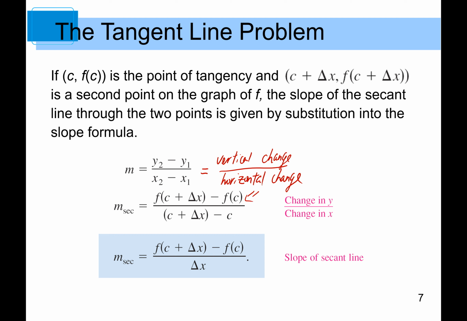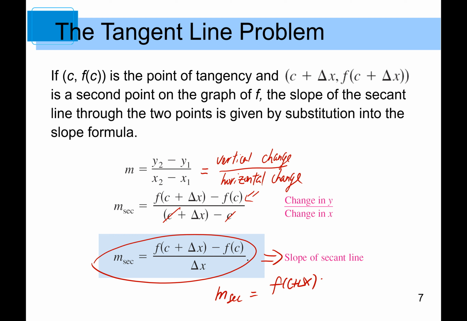Horizontal change is c plus delta x minus c. In the denominator, we cancel c here. That's why we end up with the slope of the secant line becoming this. Slope of secant line equals f of c plus delta x minus f of c, over delta x.